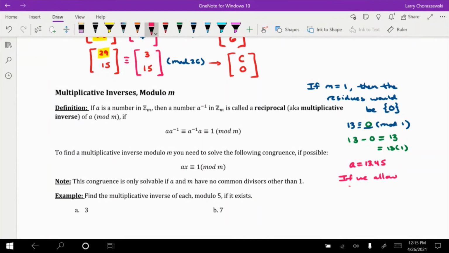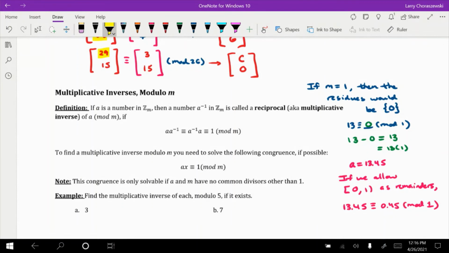Yeah. Okay. So if we allow the numbers on the closed interval or half open interval 0 to 1 as remainders, 13.45 would be congruent to 0.45 modulo 1. With the way I have the residues set up, they're only allowed to be integers.